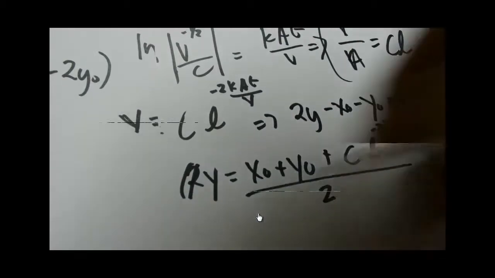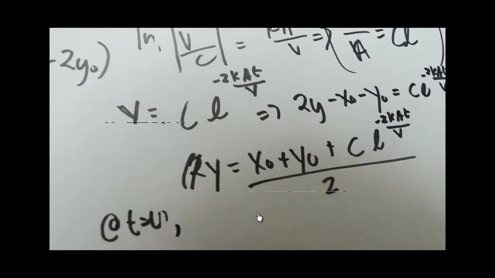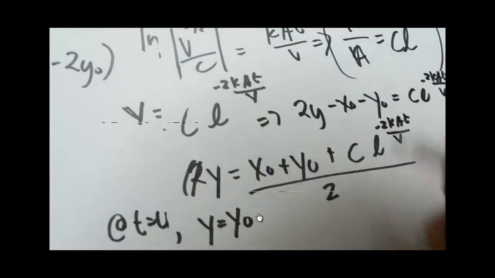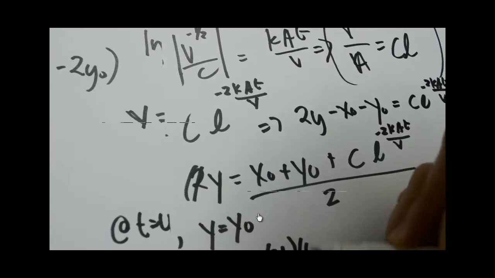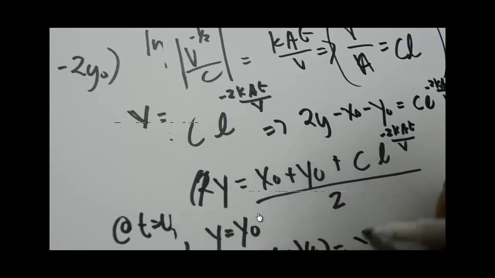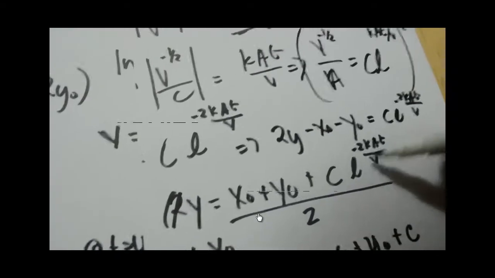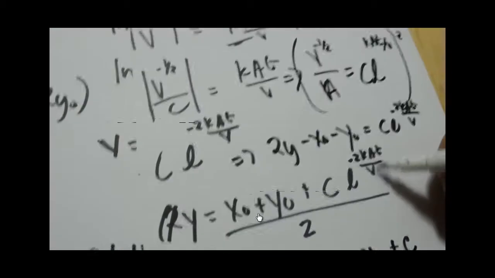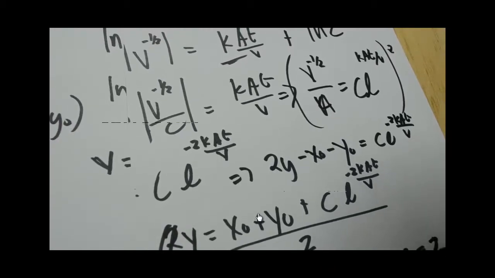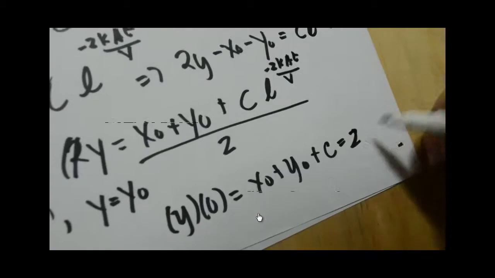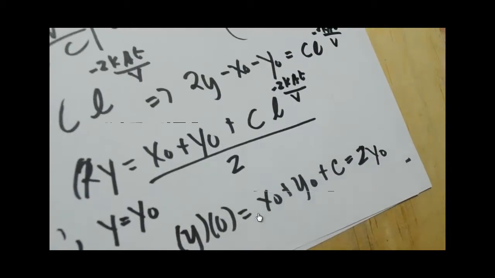And now we know that at t equals 0, initially our y is equal to y sub o, and that will make y of 0 is equal to x sub o plus y sub o plus c, all over 2. This one will become number 1, so equal to y sub o, right?